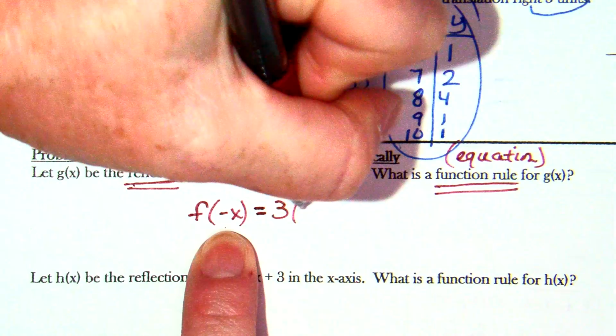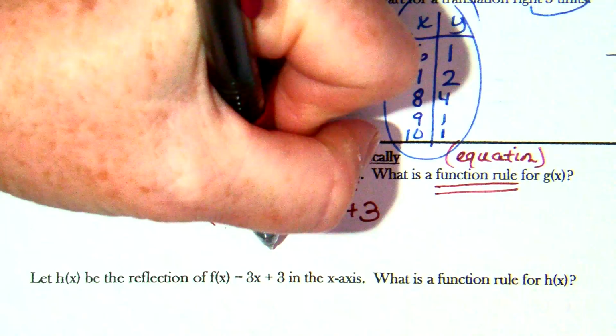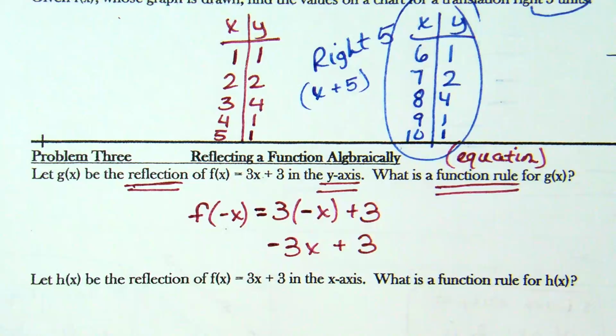Clean that up. What would be 3 times negative x? Negative 3x plus 3. Notice, by reflecting in the y-axis, what's the only thing that changed? The sign on the x term.